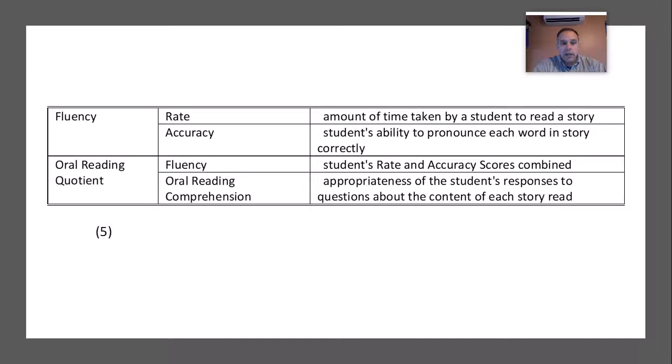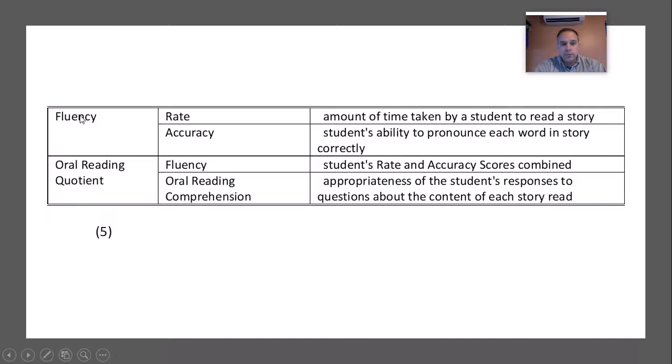So, rate, accuracy, fluency, oral reading comprehension, the combination of rate and accuracy together, indicating what is called fluency for the purposes of this test, and fluency then plus oral reading comprehension gives the data point called the oral reading quotient.